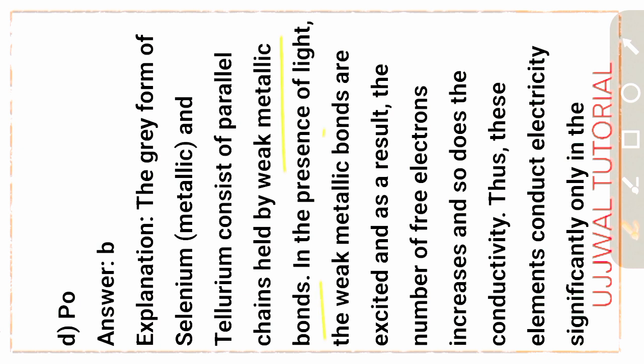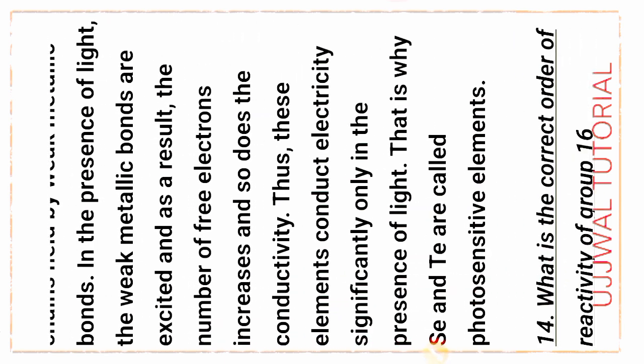In the presence of light, the weak metallic bonds break, and as a result the number of free electrons increases, and so does the conductivity. Thus these elements conduct electricity significantly only in the presence of light.